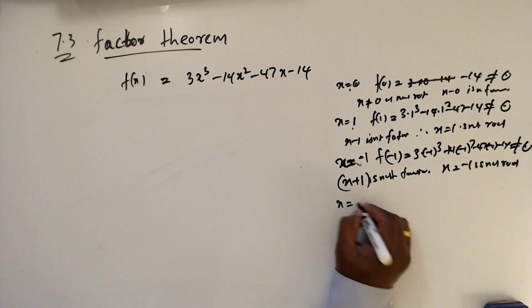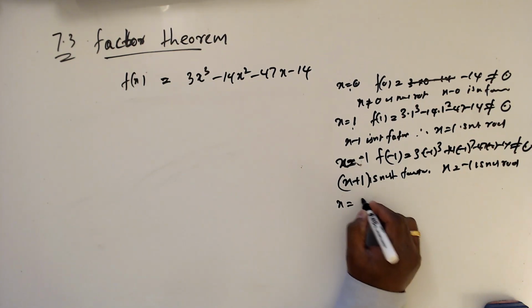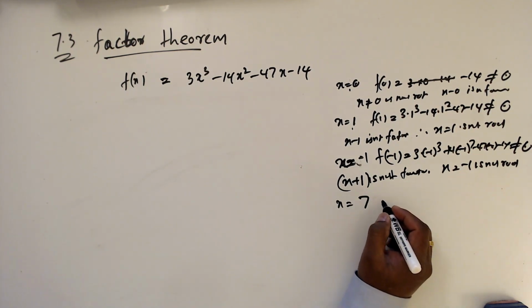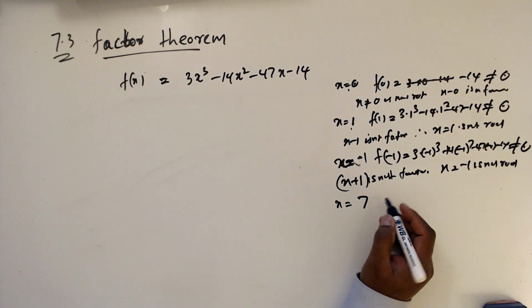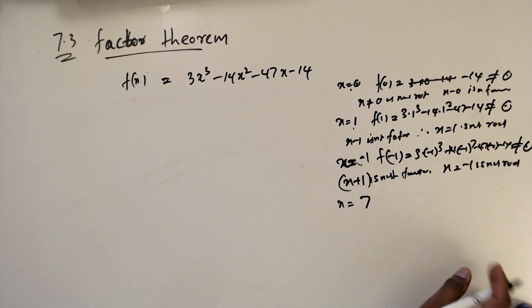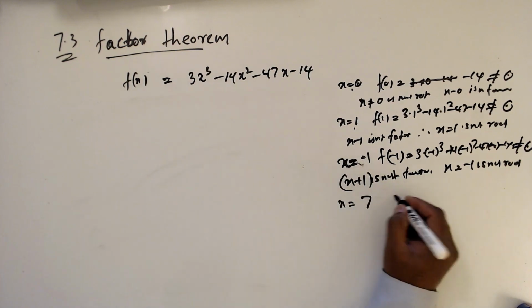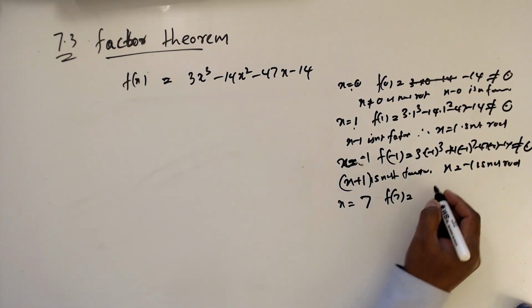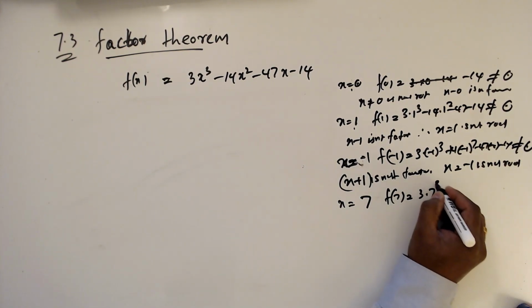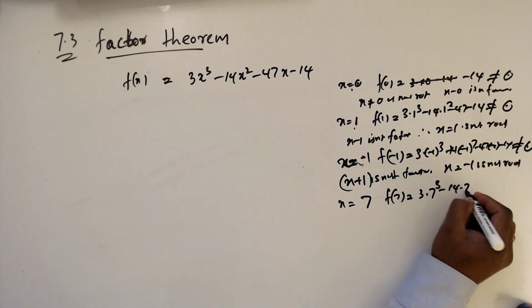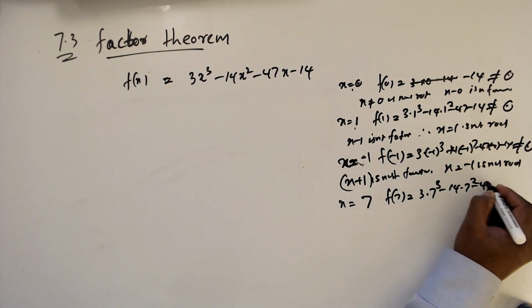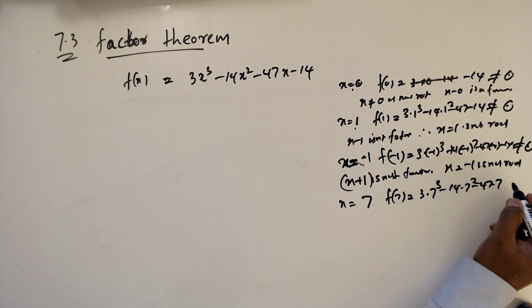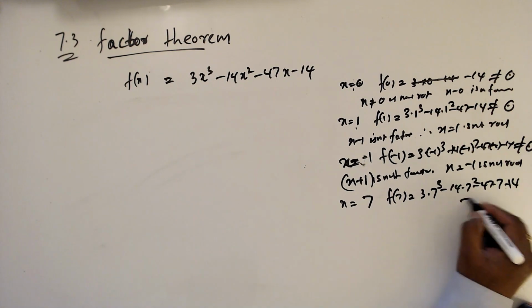now I'm going to check x equals 7. This is an extreme value. You will not get this kind of difficult one. So if x is 7, 3 times 7, 14 times 7 squared, minus 14 times 7 and minus 14. This is equal to 0.